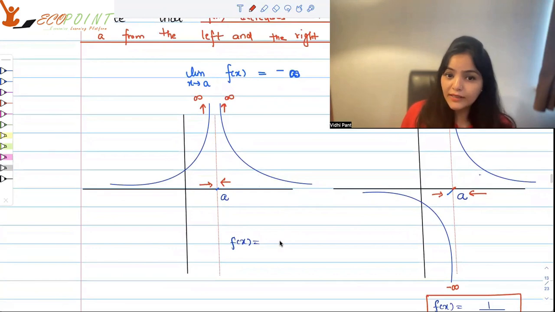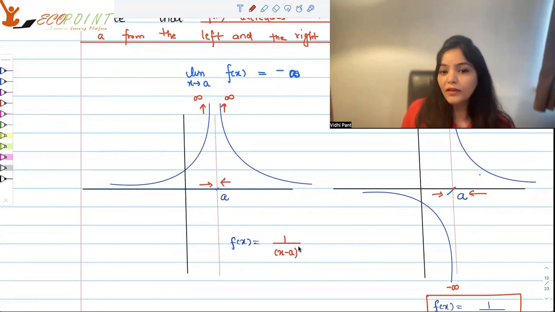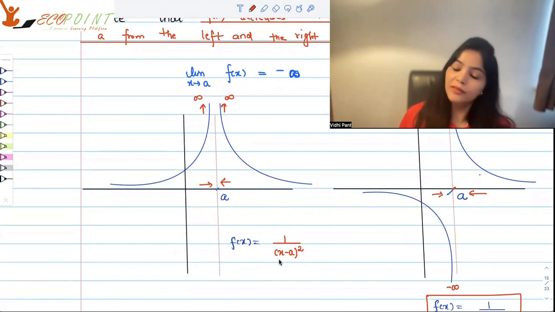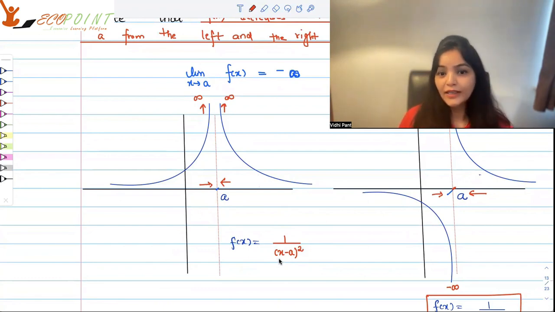So that means there must be a scenario where you have an even power of x minus a. Because when you have an even power, you will not approach minus infinity. This expression will approach only plus infinity, whether it is from the left or from the right. So hence, this is a graph of 1 upon (x minus a) squared. You can take it as square.